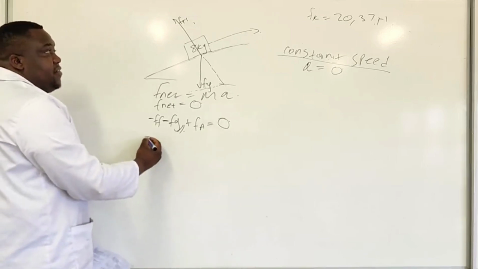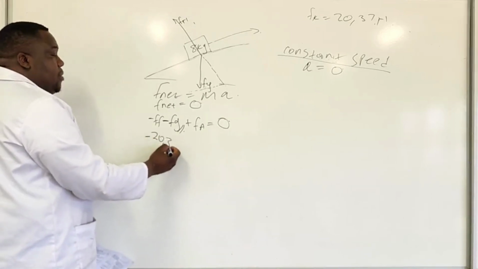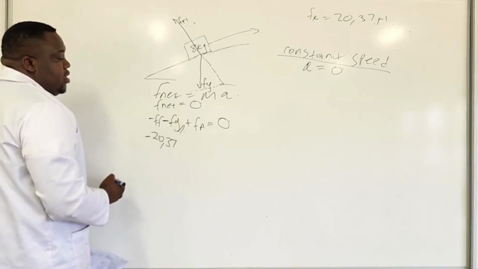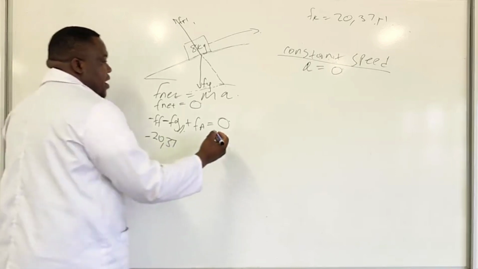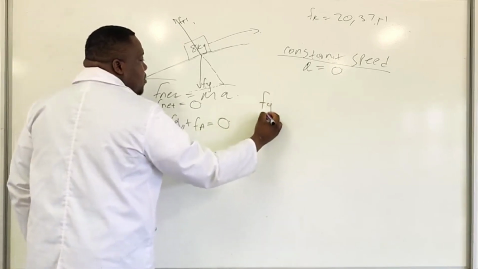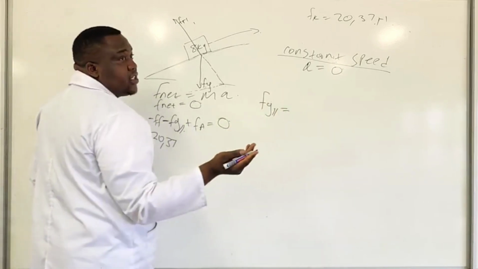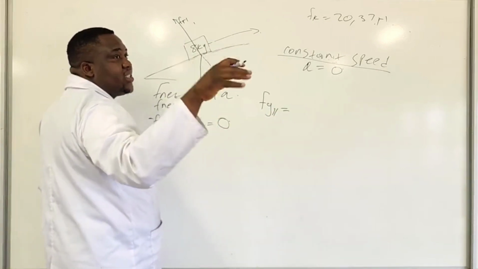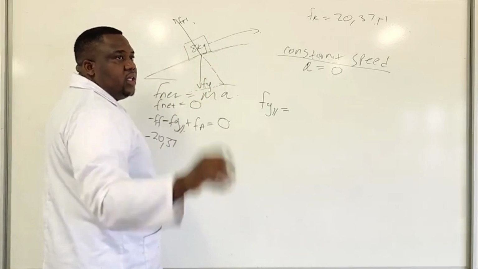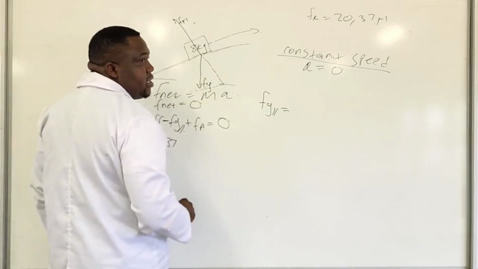We are given that the frictional force is minus 20.37 newtons. Then the gravitational force, if you write it on the side, Fg parallel. There is a formula which I showed you in lesson 1 and in lesson 2. In lesson 1 towards the end, in lesson 2 in the introduction of the lesson in the beginning.